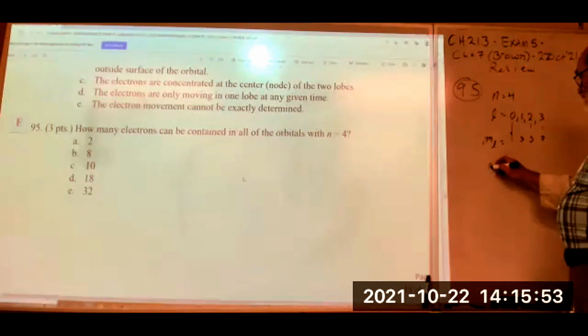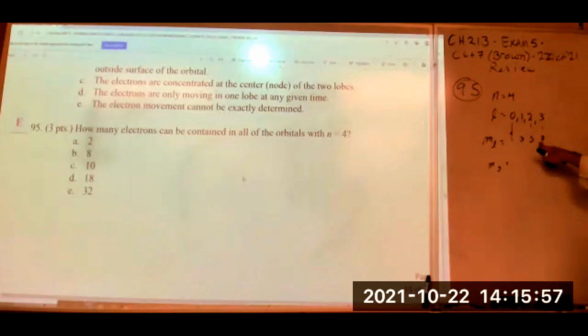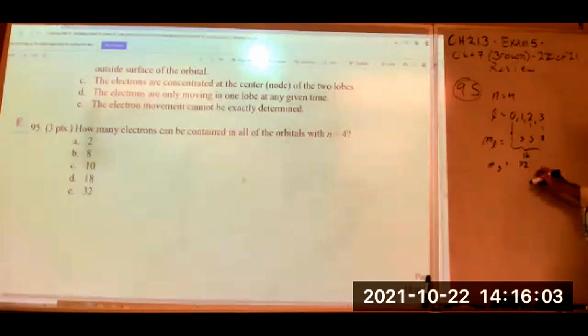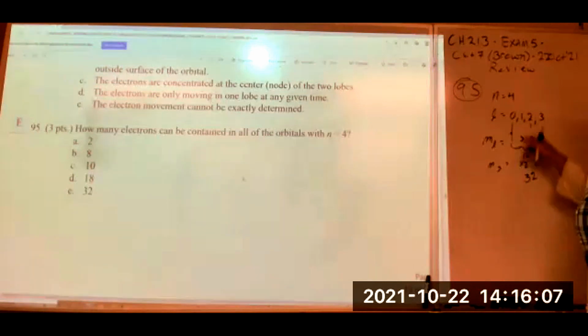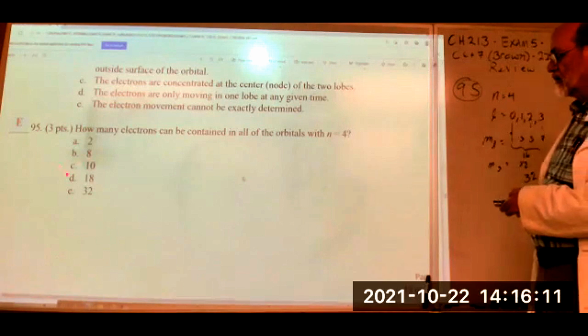So below that, what's left? Spin. So we have 7, 10, 16. 16 times 2 for the spin, which is 32. So at that n level, we can have 32 electrons.